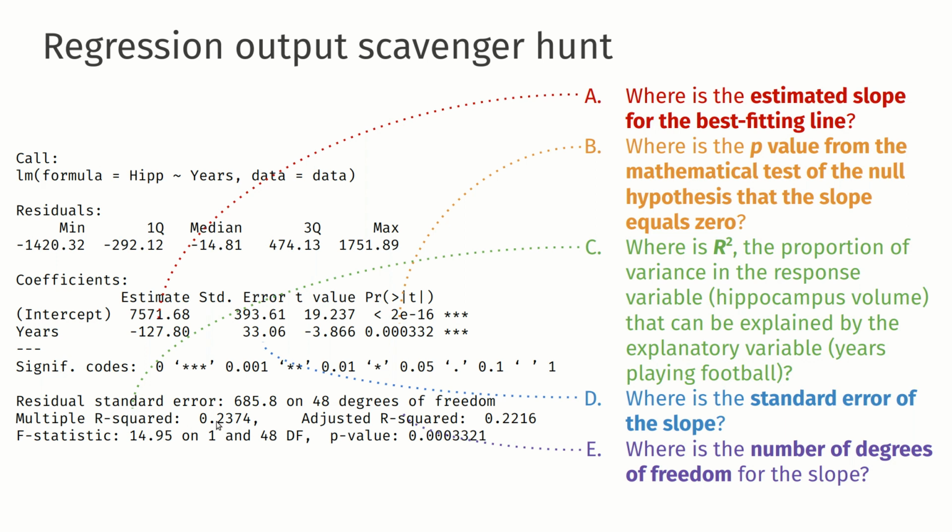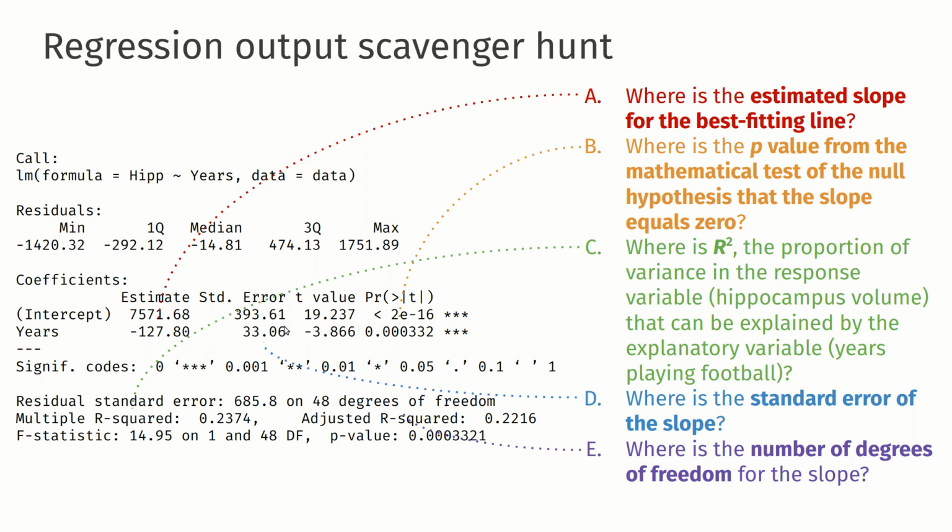And we can also use this table to construct a confidence interval. To do that, we would need the standard error and the number of degrees of freedom. So the standard error of the slope, in other words, how much we would expect the slope to vary from sample to sample, is usually a column here marked standard error, helpfully enough. And we look at that for the name of our explanatory variable, years, standard error.